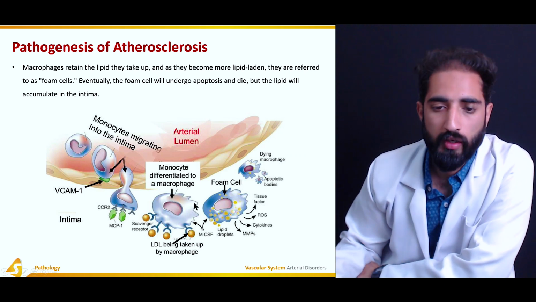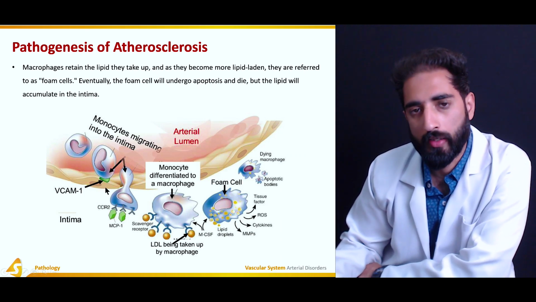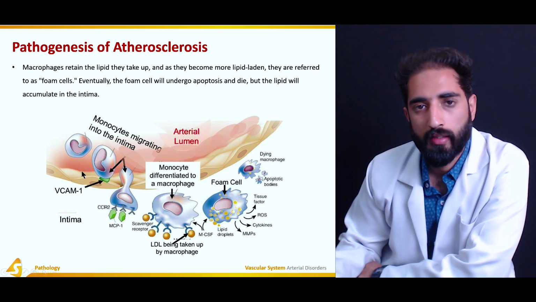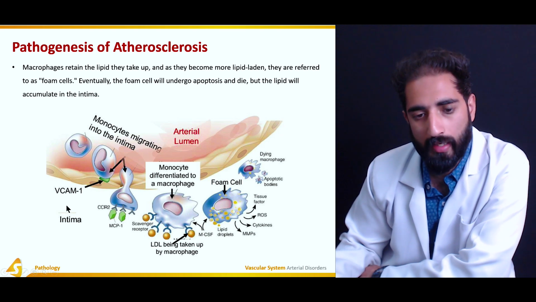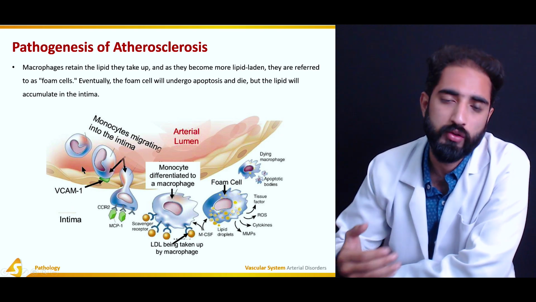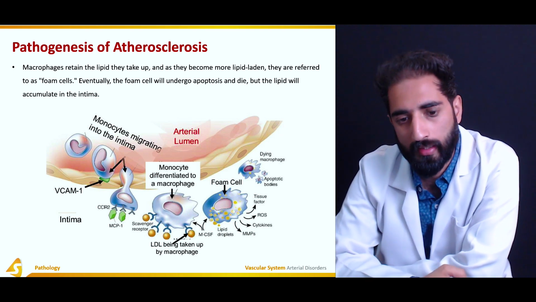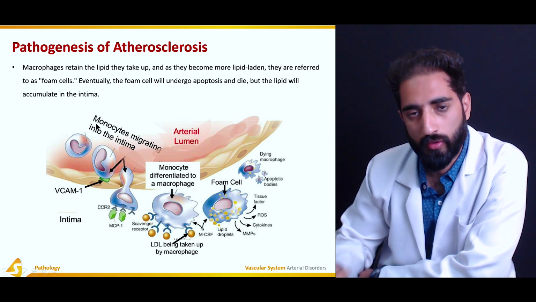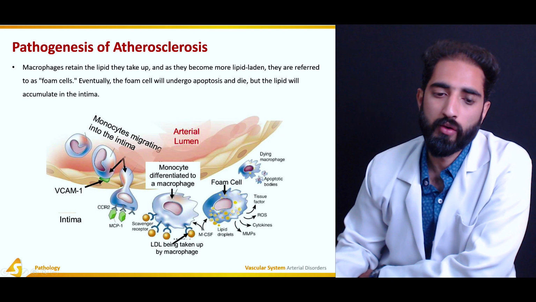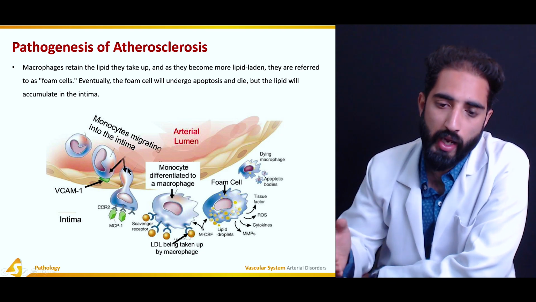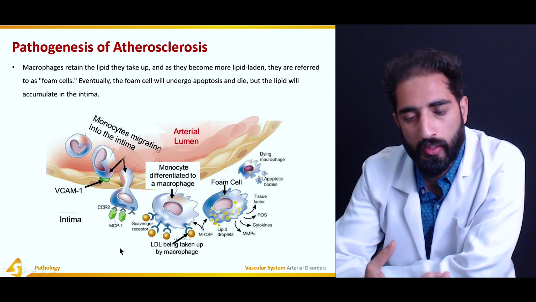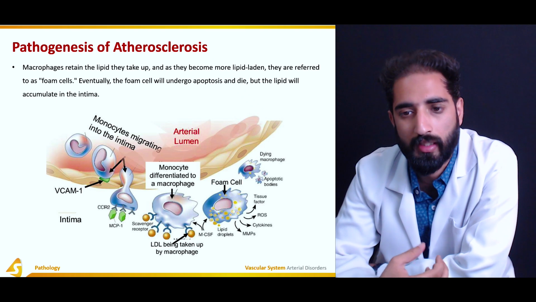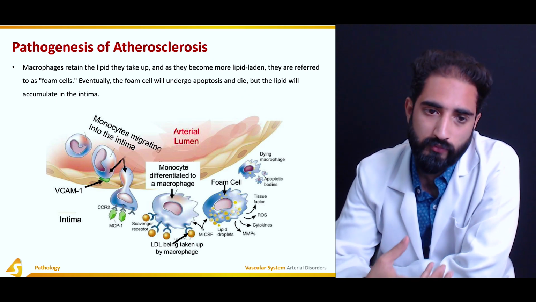As you can see here, once the injury to the endothelial layer or the tunica intima occurs, the vessel cell adhesion molecules are activated and they bind the leukocytes or monocytes to the endothelial cells, and then they migrate from the vascular lumen to the inside. Now, these migrating monocytes are converted into macrophages, and they take up low-density lipoproteins, and they have the tendency to keep them.